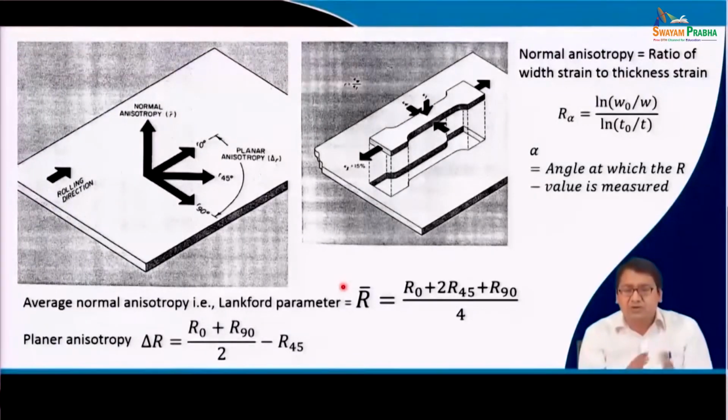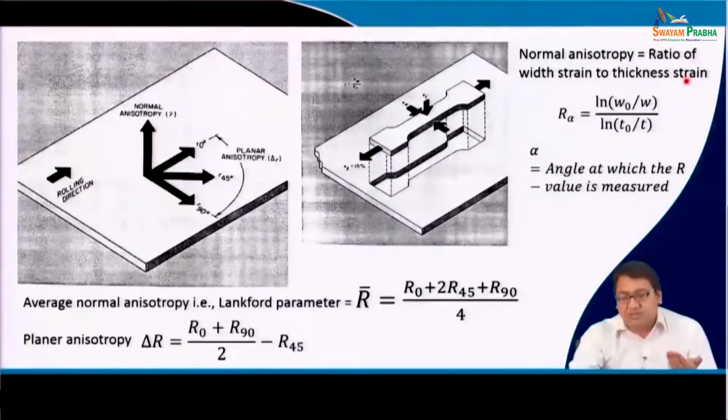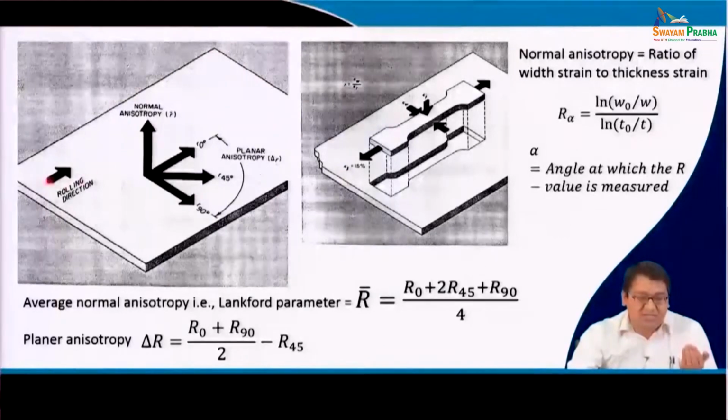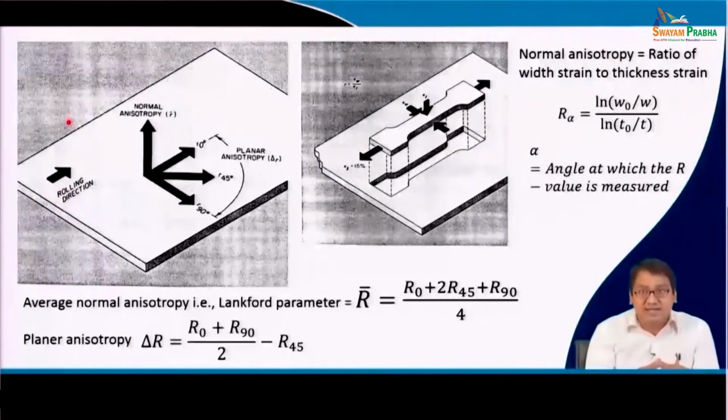Let us talk a little bit about how normal anisotropy is calculated, how we calculate R, and how we relate it to deep drawing. Normal anisotropy is basically the ratio of the width strain to the thickness strain. So, if we have a sheet metal like this and we know the rolling direction, perpendicular to it is the transverse direction and the normal to the rolling plane is the ND.